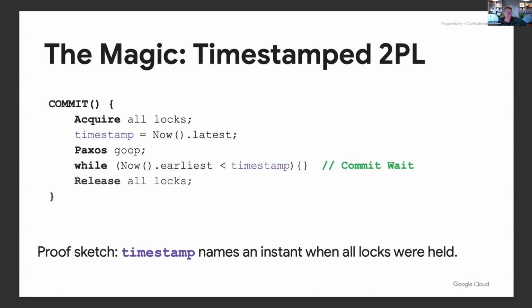And then finally, we release the locks. And the super high level proof sketch is that the timestamp is naming an instant when all the locks were held, right? And so that gives us that ordering. Next slide.